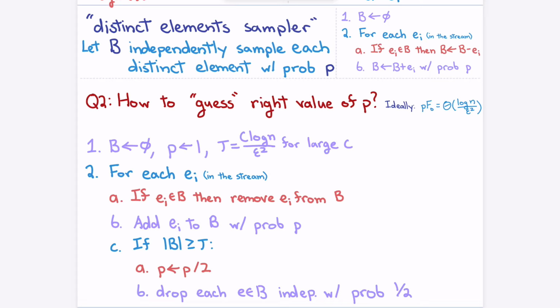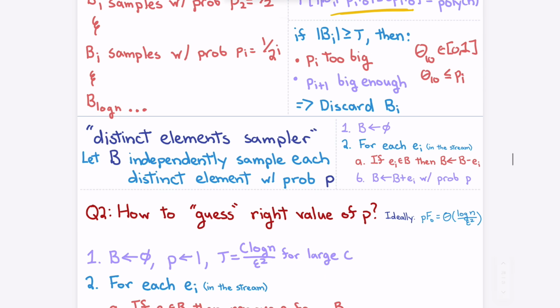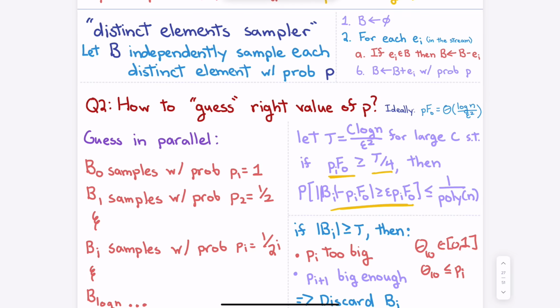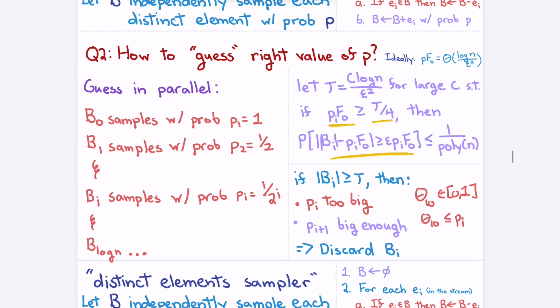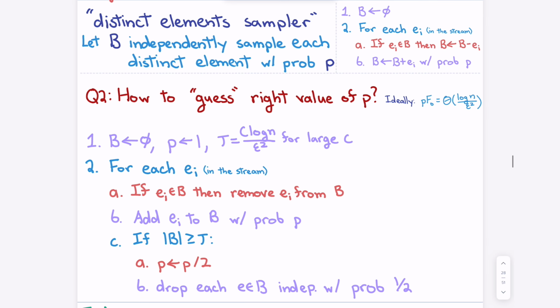We halve p, and we drop every element independently with probability 1/2. You can think of that as implicitly just shifting down from B0 to B1 to B2. So what you're left with is a relatively clean algorithm.